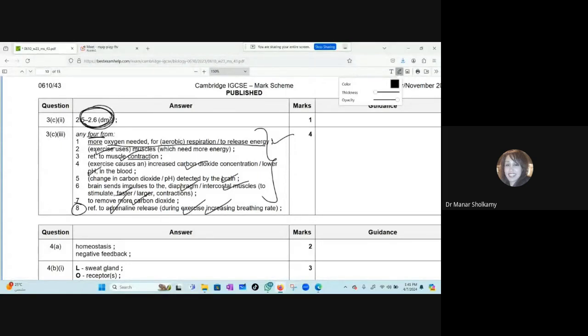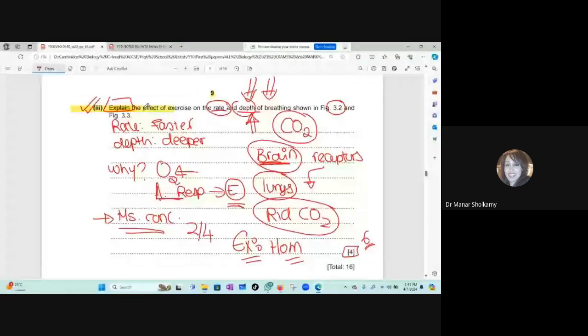We did not miss anything, because that same question can be out of 6, not out of 4. So again, it's an easy question. It's not a hard question, but most of you, 95%, will write it incomplete. You will tell me, I need oxygen in aerobic respiration because I need energy for muscle contraction.